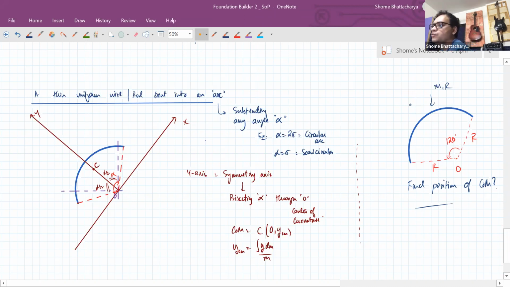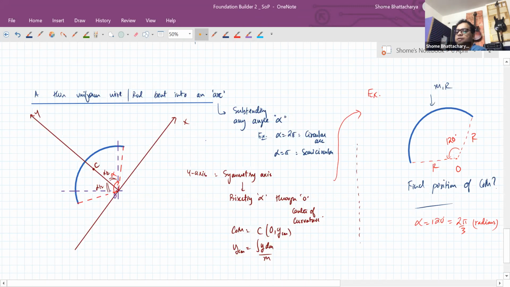Here it will be some formula based on the general angle alpha, where in this case the angle alpha is 120 degrees, or in SI units, 2 pi by 3 radians. So this would be an example of the application of this concept that we're just going to discuss.